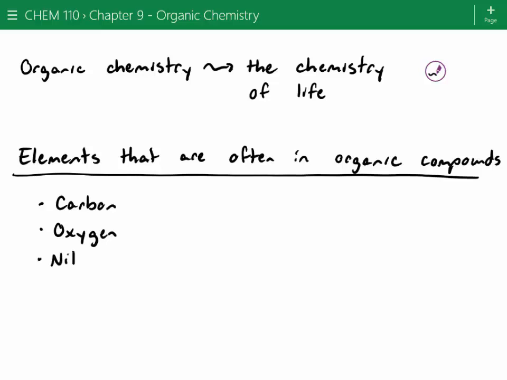Nitrogen. What's another one? Iodine, we have a little bit of iodine in us. Phosphorus is a big one. Our DNA is held together through a phosphorus backbone. These are the really big four. We also have a little bit of sulfur in us. Some of our amino acid residues have sulfur in them, and they're very important for our proteins. But these are kind of the big 5 elements that compose all of life for the most part.